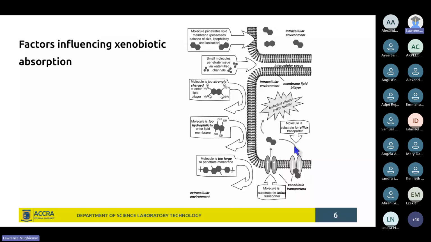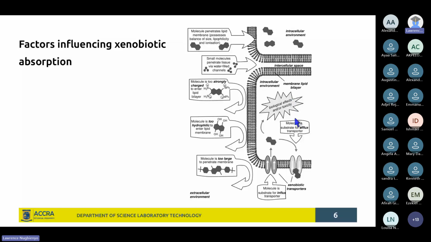And whilst in the cell, the substance has its biological or toxic effects. But of course, not all substances have to get into the cell before they have their biological or toxic effects.